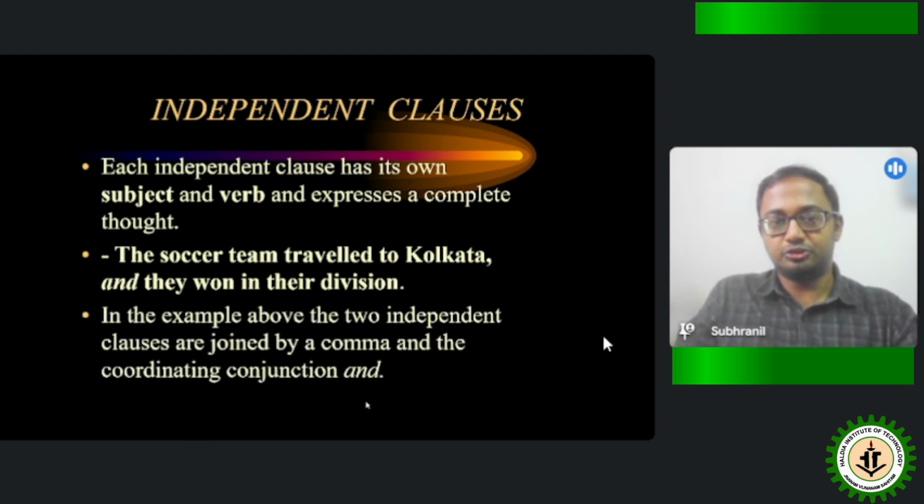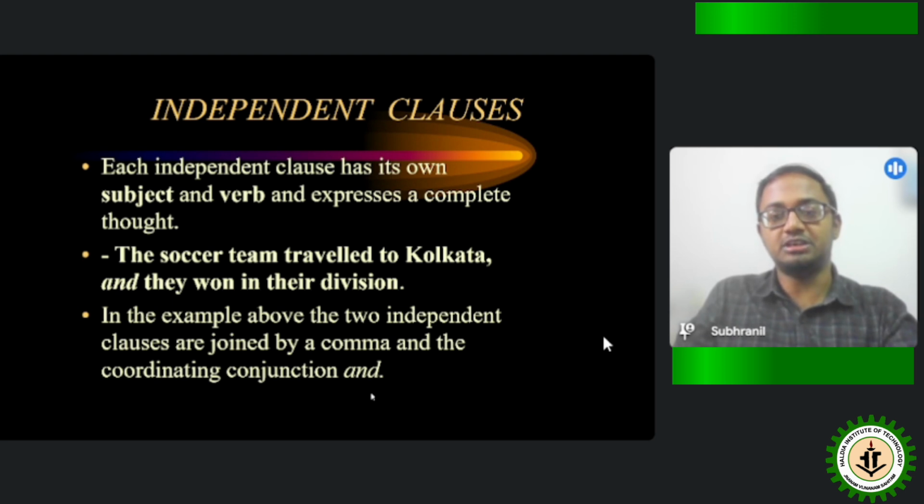So these two independent clauses or the main clauses are joined by a comma and a coordinating conjunction, that is and. So these two independent clauses both single-handedly can make a sentence with a complete thought.